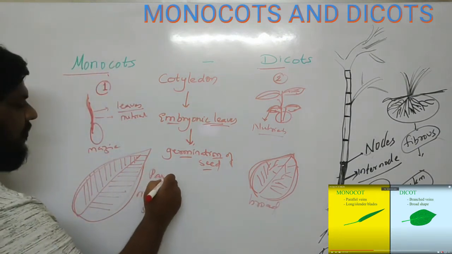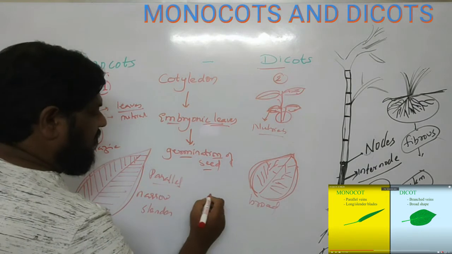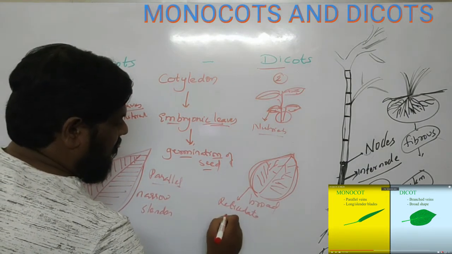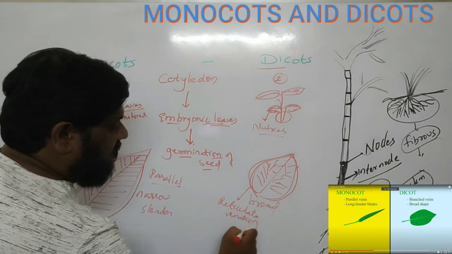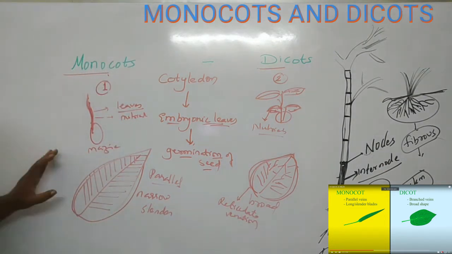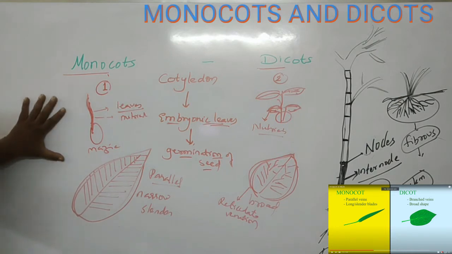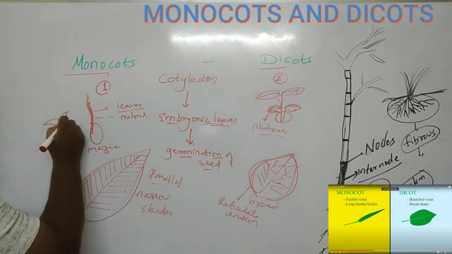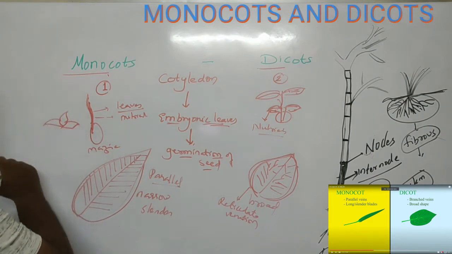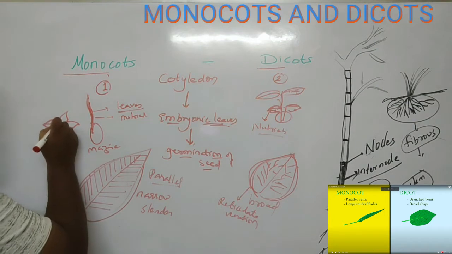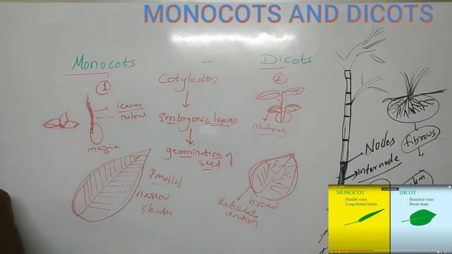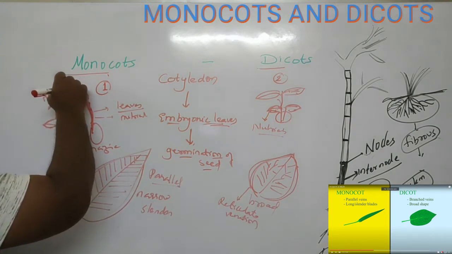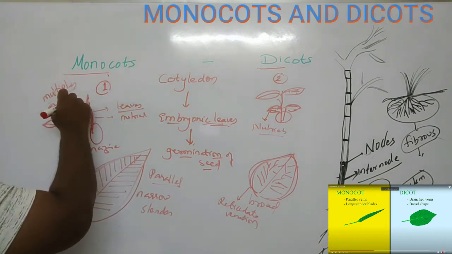Here parallel venation takes place, and here reticulate venation takes place. Especially coming to the monocots, if you see the petals, as we have studied, 3 petals, 5 petals and so on. The monocot flower will have 3 petals, or multiples of 3.